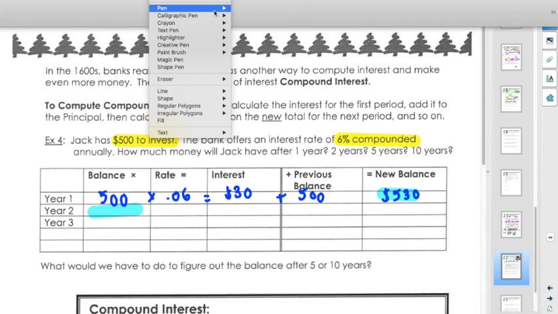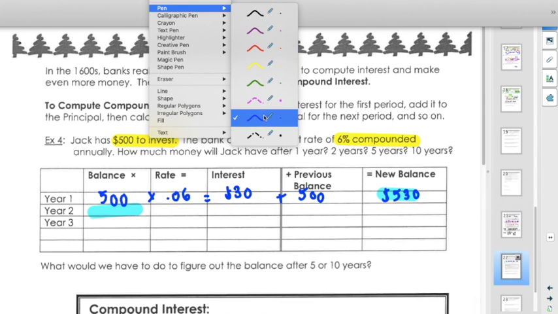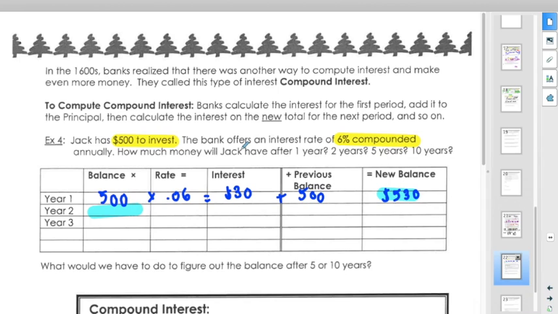Why would they take your new balance, which has more money in it, and multiply it by the same interest rate? Because now I'm going to have 530 here times the same interest rate of 0.06. Is that going to be more or less than $30? Well, if we put it in the calculator, we would get $31.80, which is more money in the bank's pocket.